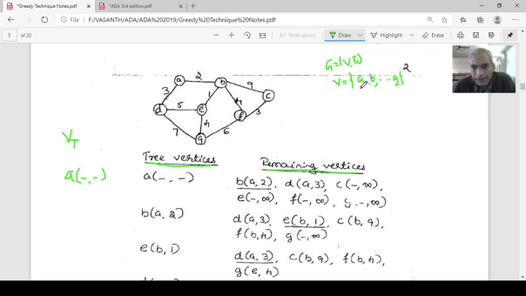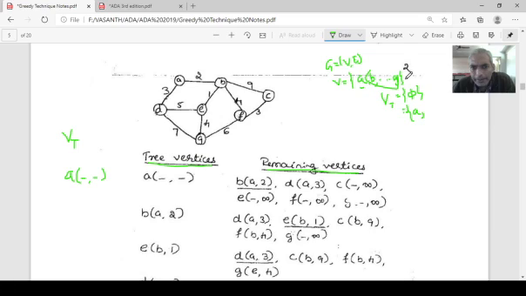First step, you add vertex A to this set. You are going to start with vertex A. So this left side indicates the tree vertices. Now when you add A, what are the remaining vertices? The remaining vertices are B, C, D, E, F and G. On the right side we will write down the remaining vertices.